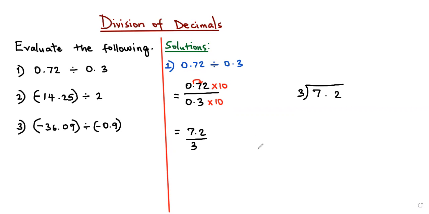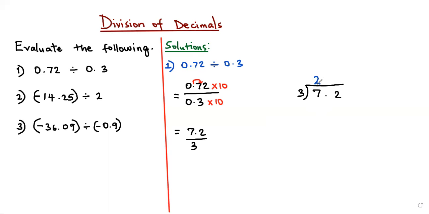Now, when we are dividing these decimal numbers, we must make sure that the decimal point in 7.2 is aligned with the decimal point in our answer. And you are going to see this as we move on. Look, what is 7 divided by 3? What do we get? 2. Write 2 on top of 7.